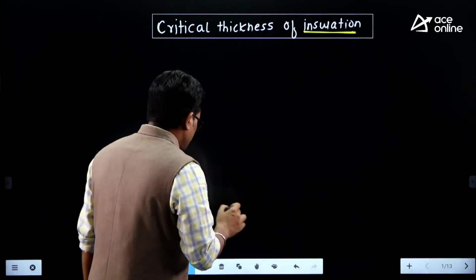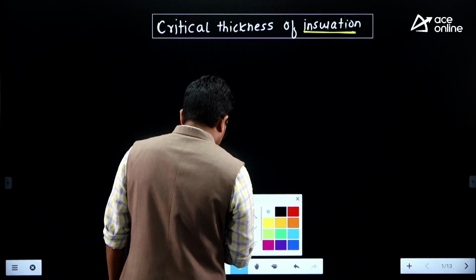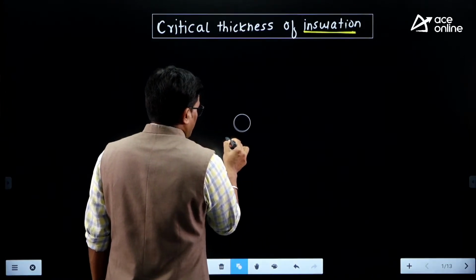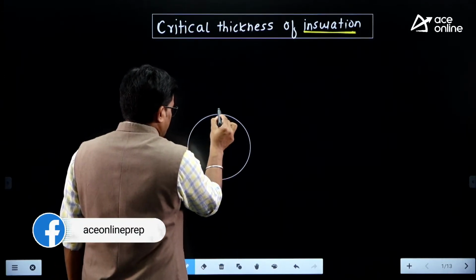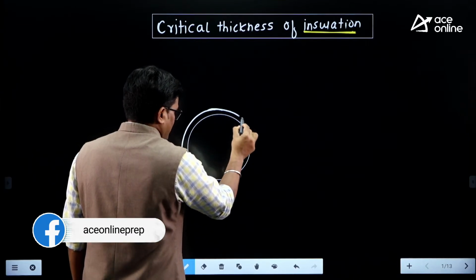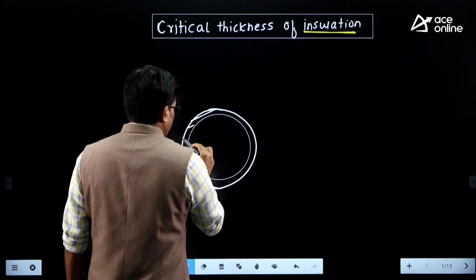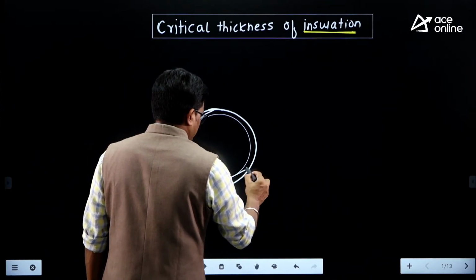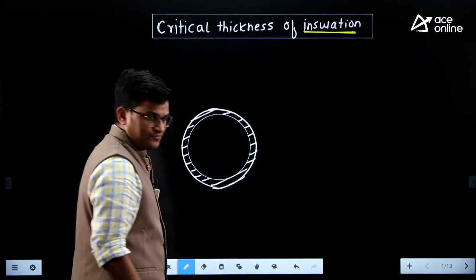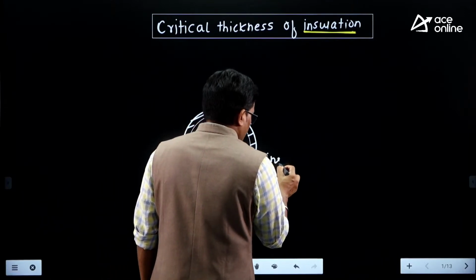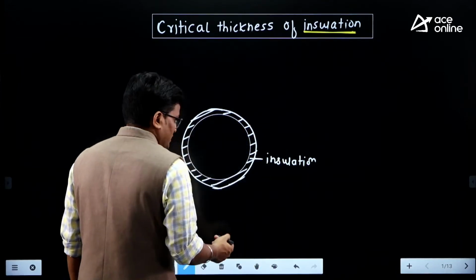Now the problem is, listen carefully, let us say there is one body. Suppose I insulate this, so let us say this part is insulation.